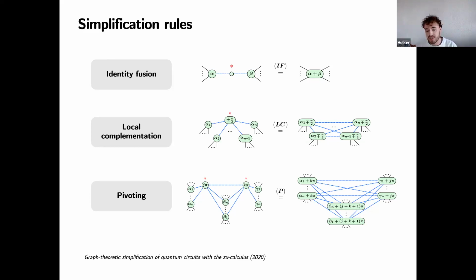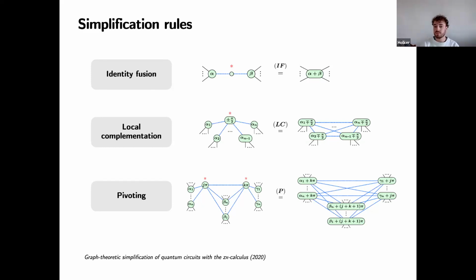And then as parallel edges cancel, any edges that were initially connected together, as in local complementation, will cancel together. So these are the three simplification rules which we use to reduce the diagram down.